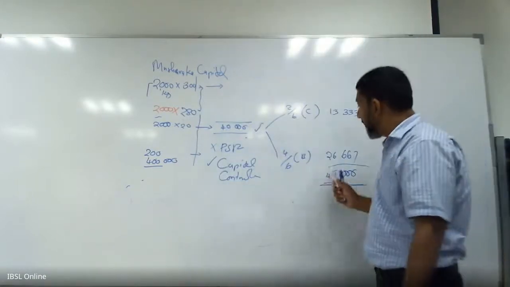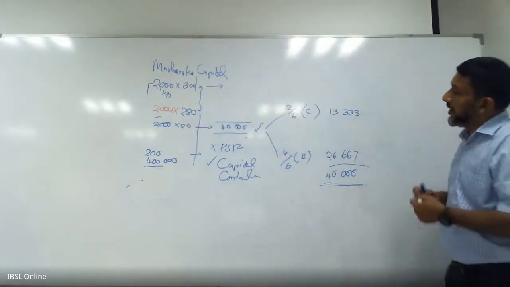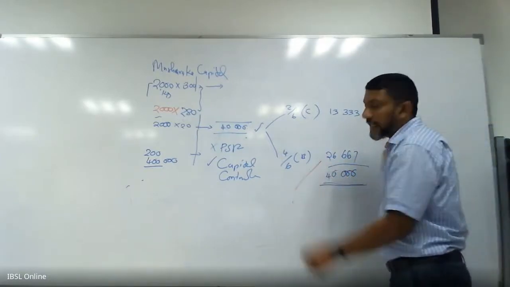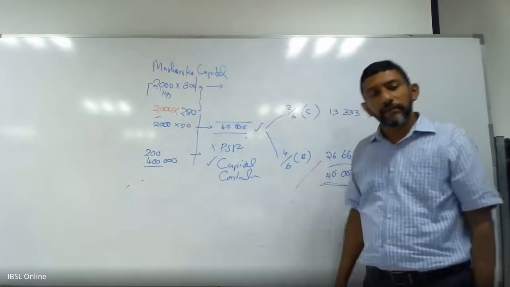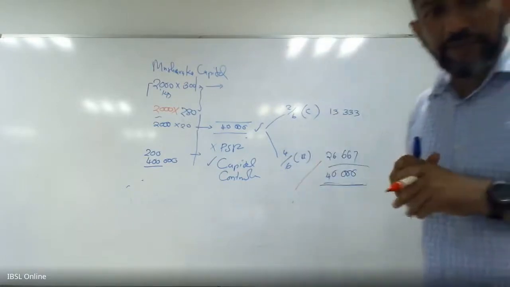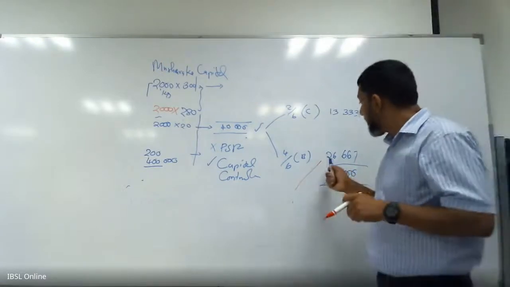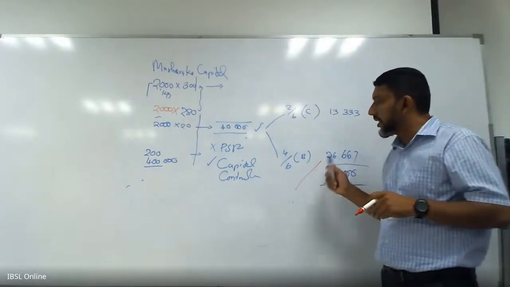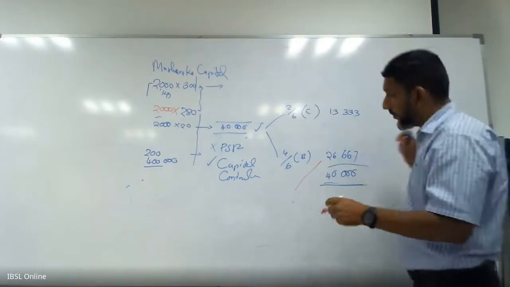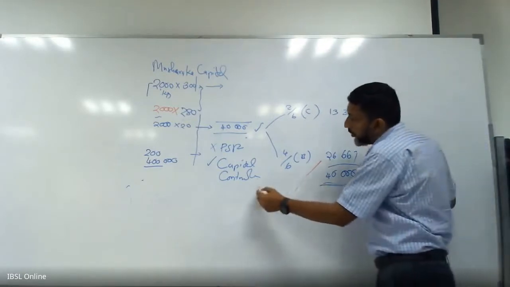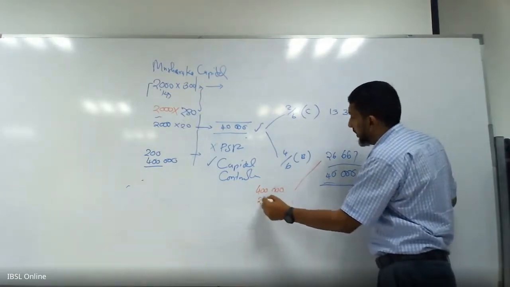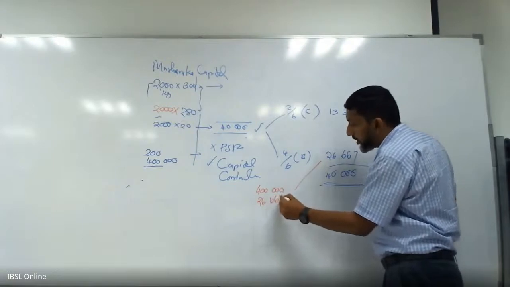So what does this mean? This means the customer has to come to the bank and settle how much? Can you all tell me? What does the 26,667 loss for the bank mean for the customer? Customer borrowed 400,000. There is a loss of 26,667.